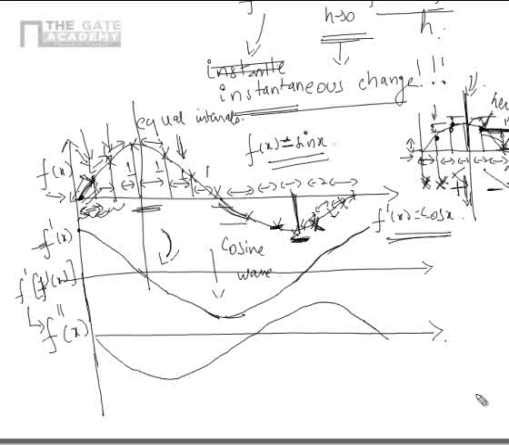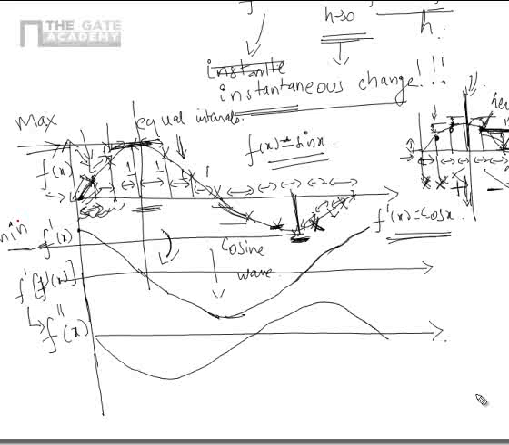Now let us observe some interesting results here. When the function reaches a maximum, this is the maximum value, correct? Please observe, this point is the max value of sin x. Similarly, this is the min value of sin x.